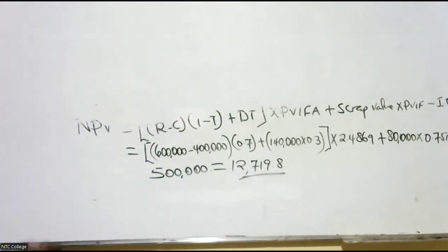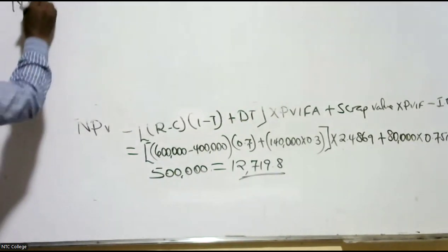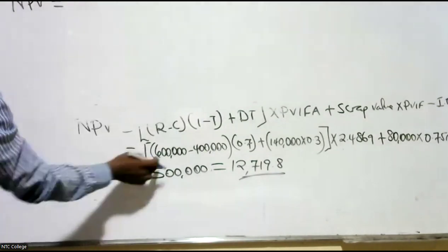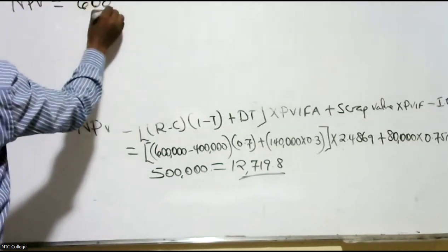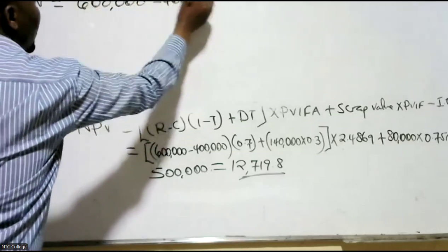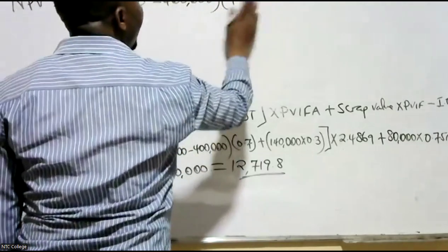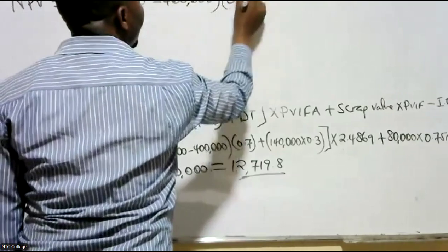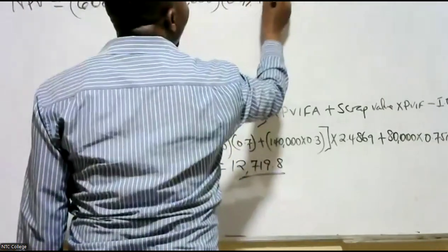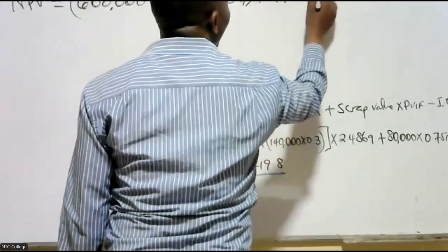So we can say that this one, NPV was equal to R, which was 600. We can pick it from here, 600,000 minus 400,000, into 1 minus T, that is 0.7, plus 140 into 0.3.